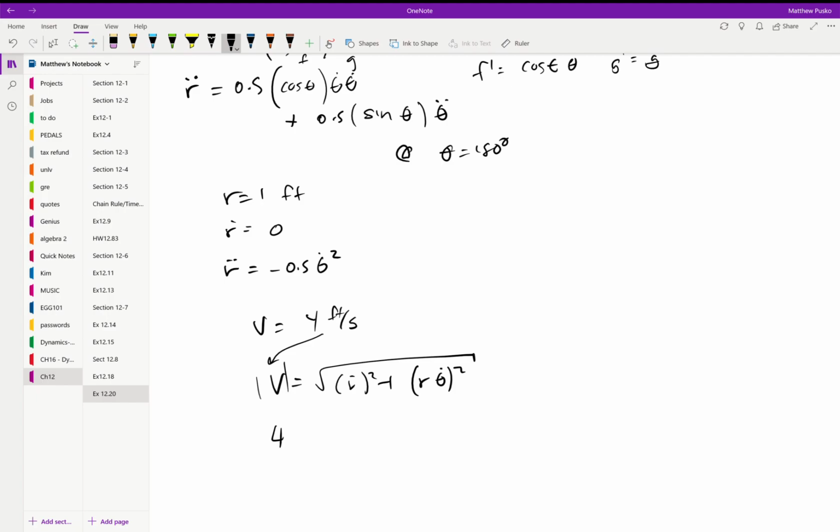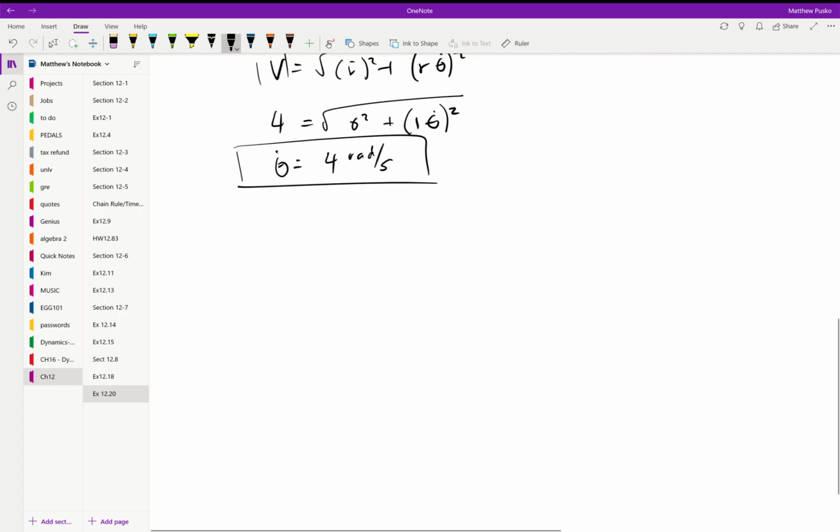And we get 4, that was given to us. We know r dot is 0. And we know r is 1. We don't know theta dot, so we can solve for it. Theta dot ends up being 4 radians per second. Alright, that's one thing they wanted to know.